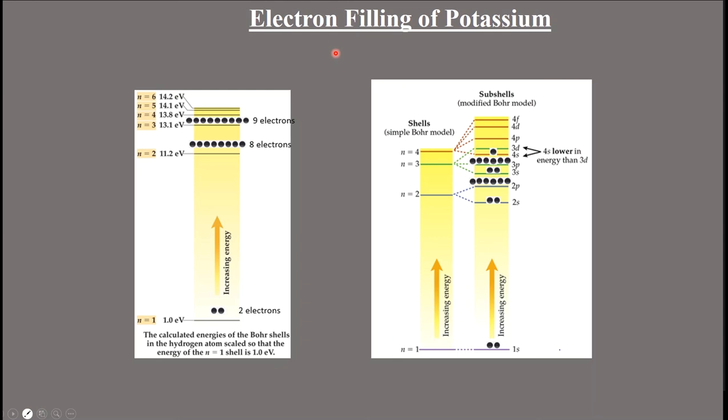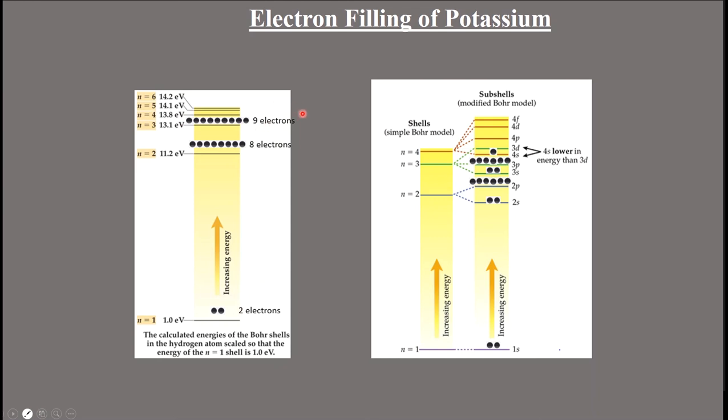When we did the electron filling of lithium and sodium in the Bohr's shell diagram, we had one valence electron for lithium and one valence electron for sodium, but when we did it for potassium, we ended up having 9 valence electrons, and this is not aligned with Bohr's law that elements with similar properties have identical valence shell configuration.